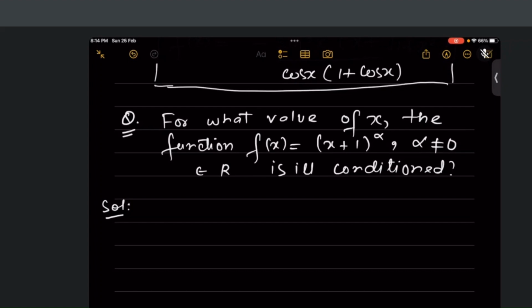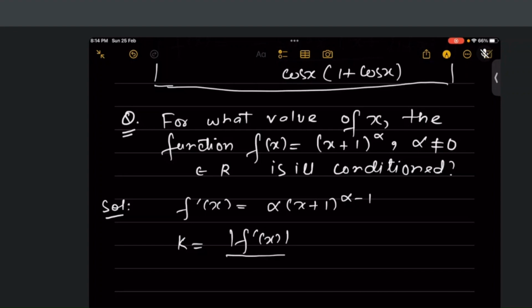Anyone got the expression for k? K is alpha x by x plus 1. Yeah, that is correct. So basically f dash x is what? It will be alpha into x plus 1 to the power alpha minus 1, right? Simple differentiation. And k is modulus of f dash x upon modulus of f of x, by x.